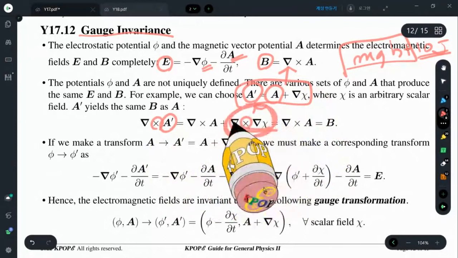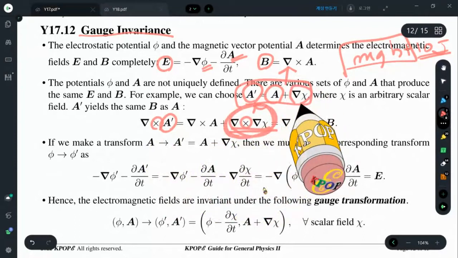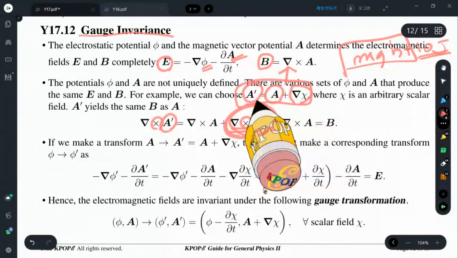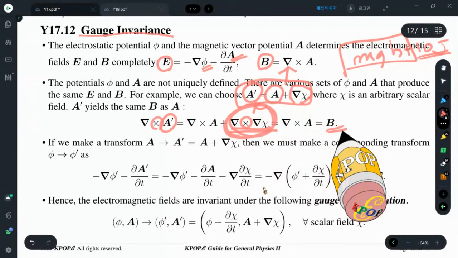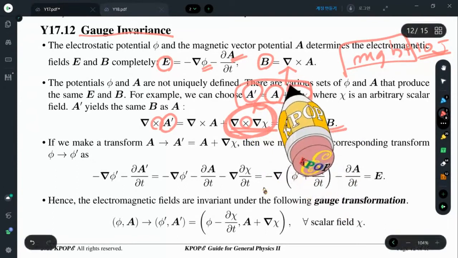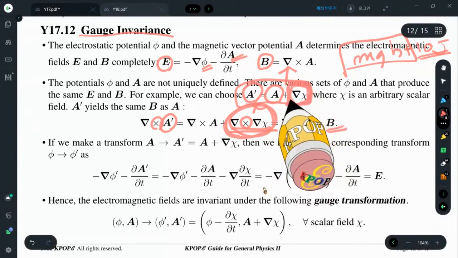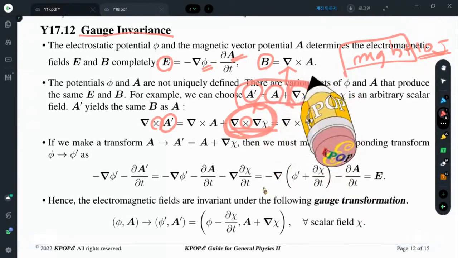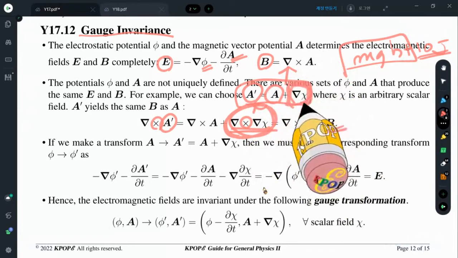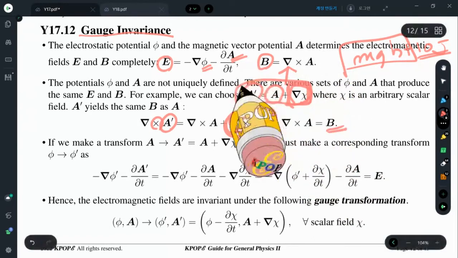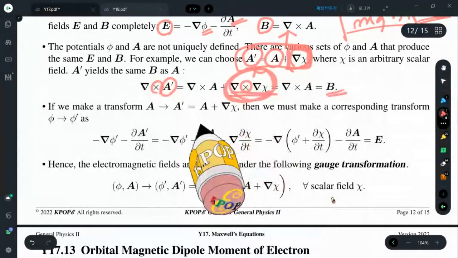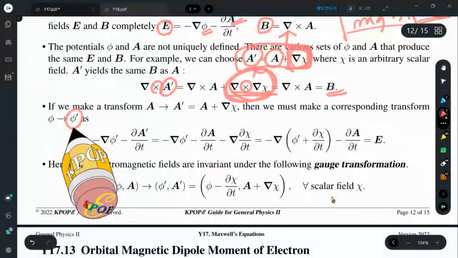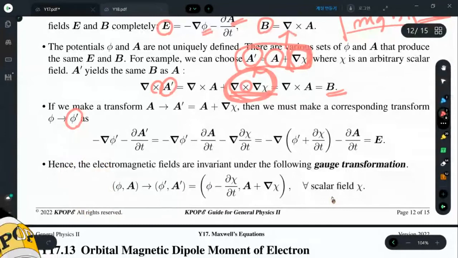So the addition of the gradient of a scalar field to the magnetic vector potential doesn't change the magnetic field at all. Aha, so we have the freedom to choose the magnetic vector potential by adding an arbitrary gradient of a scalar field. In a similar manner, we can also transform the electrostatic potential.